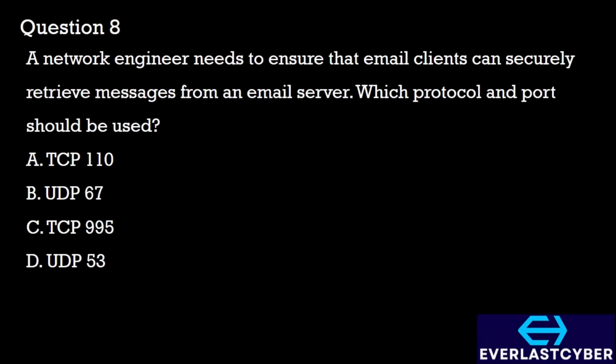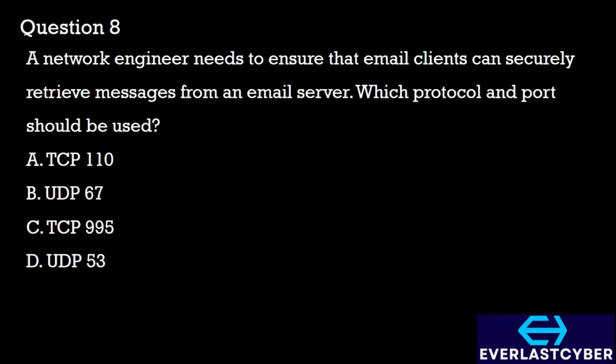TCP 110 is used by POP3 to retrieve emails, but this is not secure. UDP 67 is used by DHCP for IP address assignments. TCP 995 is used by POP3S, which is POP3 secure, for securely retrieving emails over SSL and TLS.